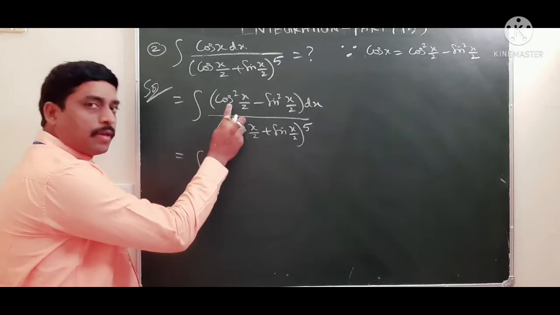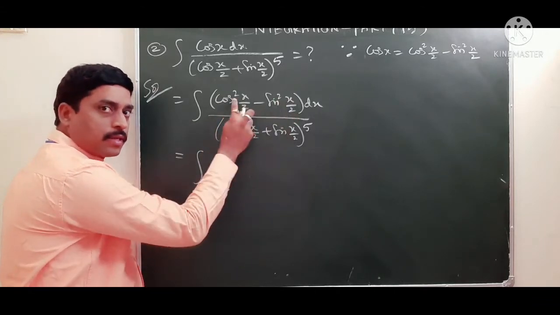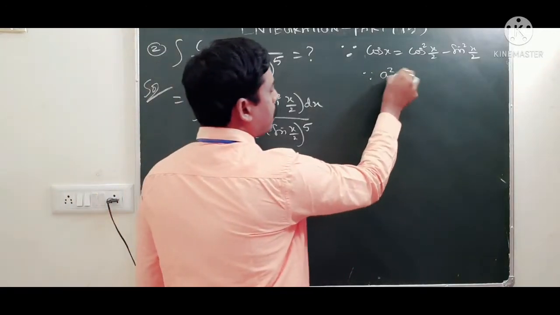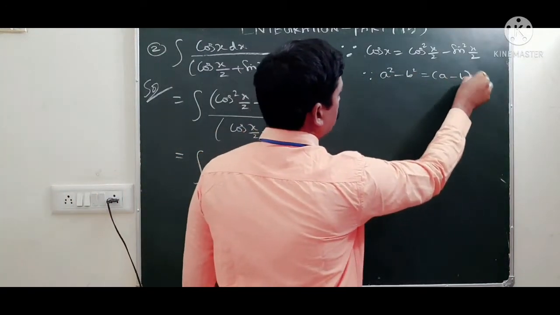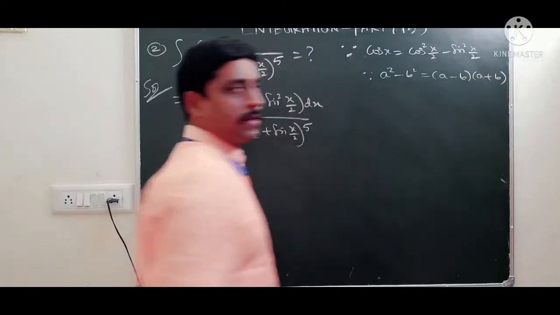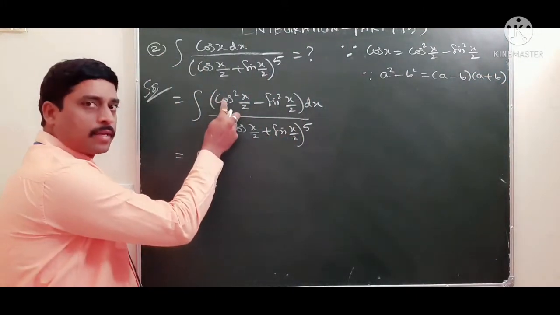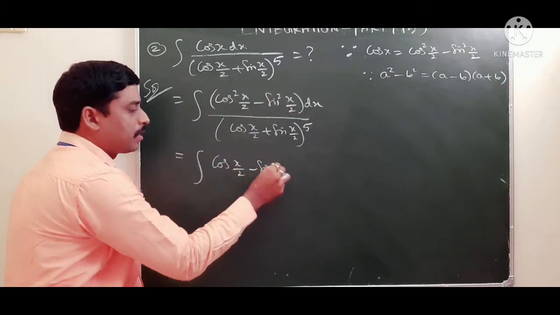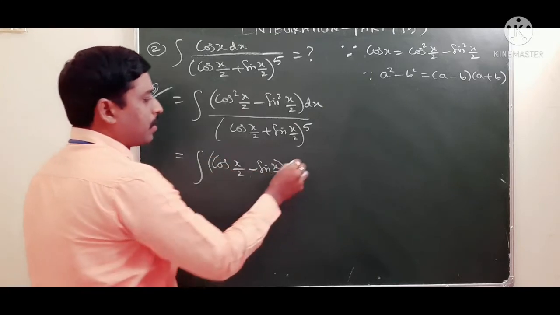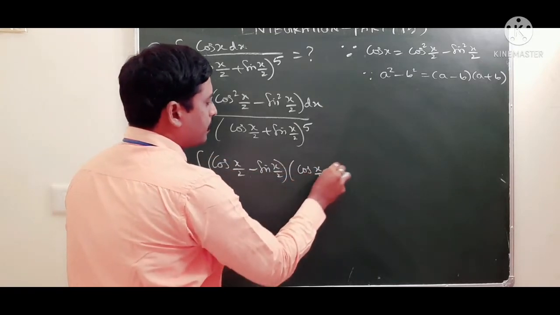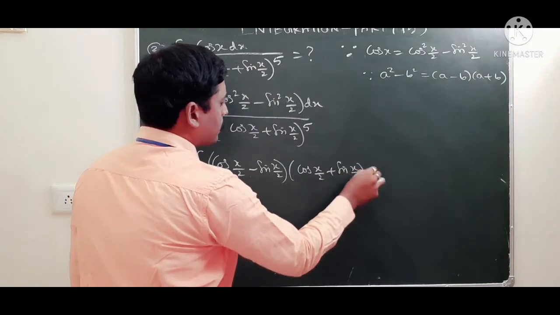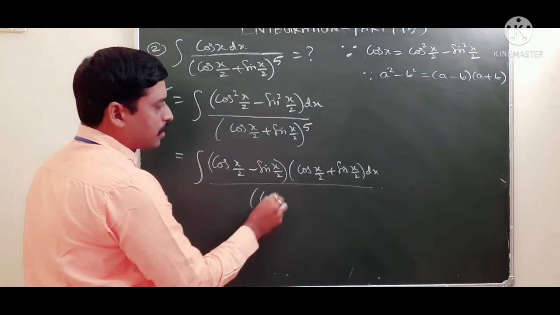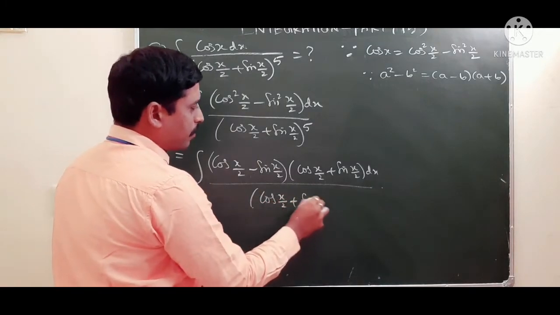Now, by using the a² minus b² formula, a² minus b² is equal to a minus b into a plus b. So the integral becomes (cos x by 2 minus sin x by 2) into (cos x by 2 plus sin x by 2) dx, whole divided by (cos x by 2 plus sin x by 2) to the power 5.